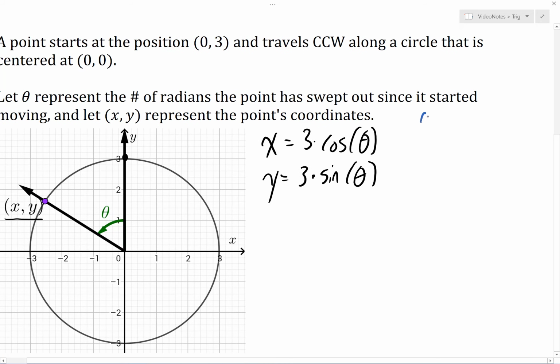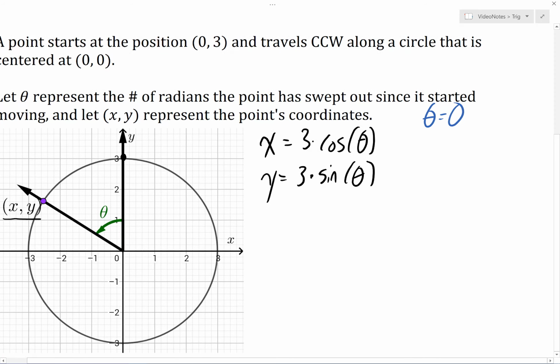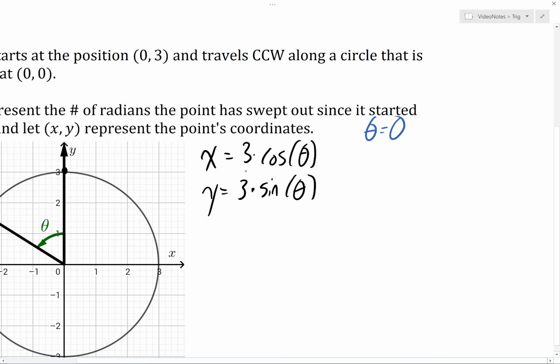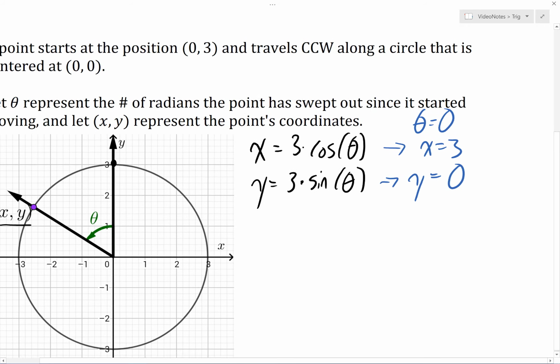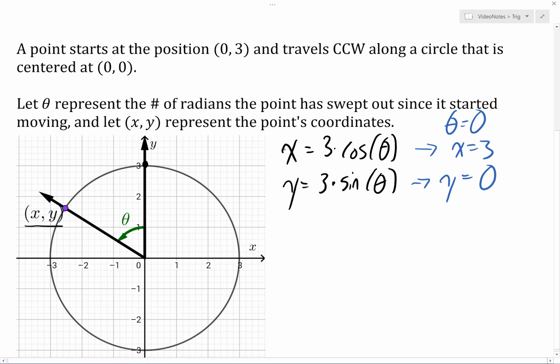However, if we look at when theta is equal to 0 and we plug that into these formulas, we'll get x equals 3 and y equals 0. So if these were the correct formulas, then when theta equals 0, or the point hasn't moved at all, x would be equal to 3 and y would be equal to 0, which would put the point over here, which would say the point starts at the 3 o'clock position.